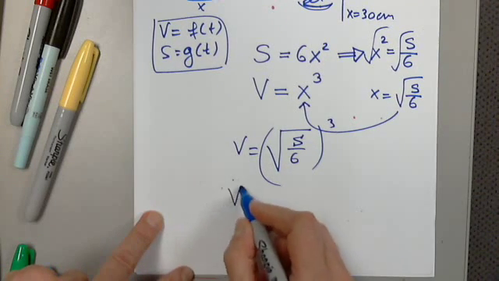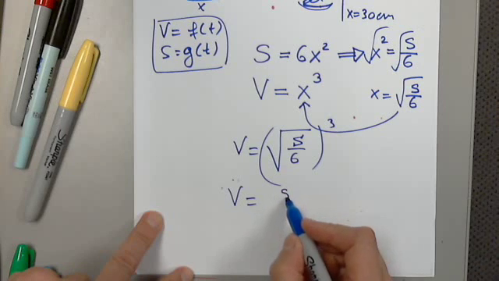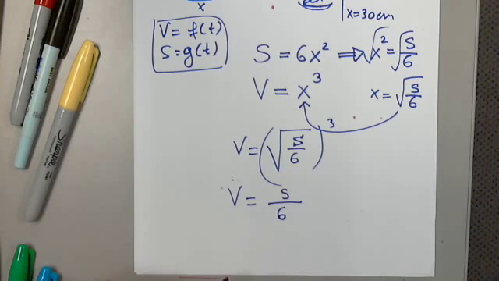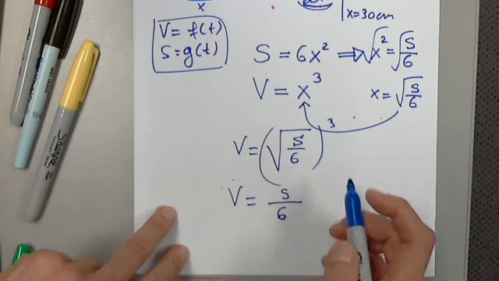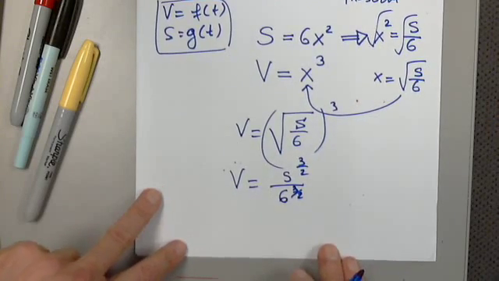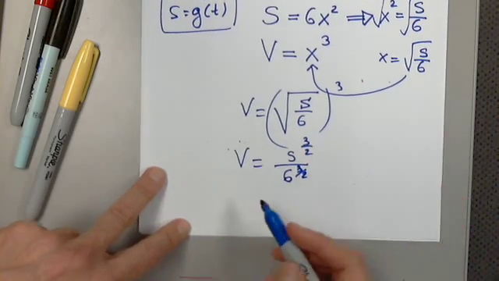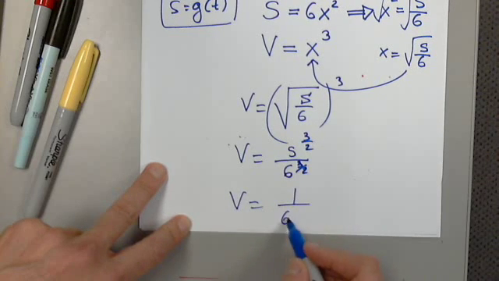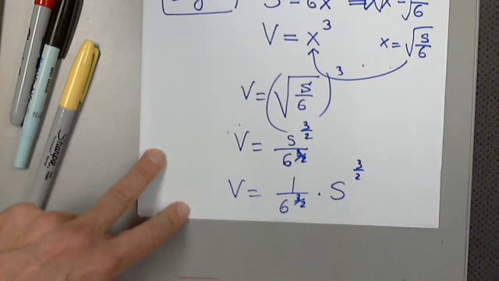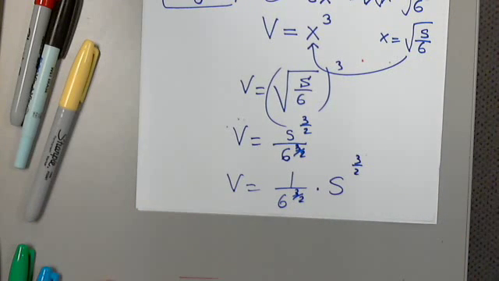Better, V equals S to which power over 6 to which power? Yes, 3 over 2 and 3 over 2. This is just a number. So V equals 1 over 6 raised to 3 over 2, times S to the 3 over 2. Now we're ready to differentiate both sides.